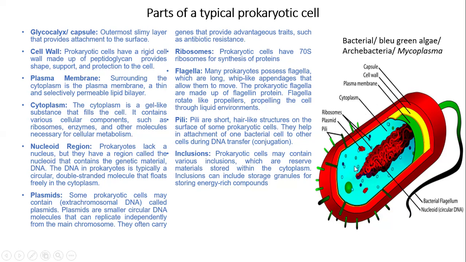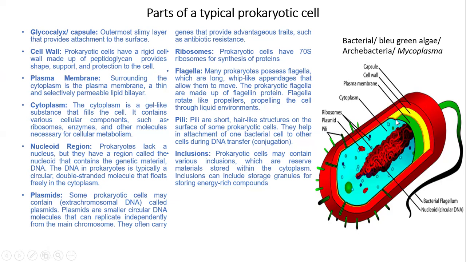So a typical prokaryotic cell, represented by bacteria, has a generally three-layered covering: the glycocalyx or capsule that provides attachment to the substratum or surface, and inner to it the cell wall, which is a rigid, usually non-living structure formed of peptidoglycan, a kind of carbohydrate.